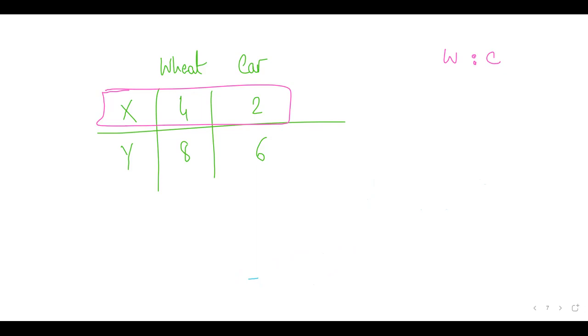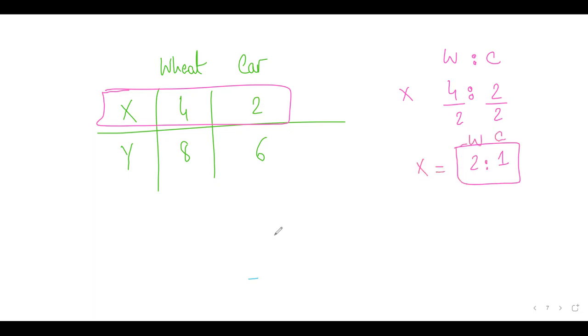Abdurrahim, stay with me, I'll explain that. So that is 4:2 for X. You divide both sides by 2, so this gives you 1:2. This means to produce 1 unit of car, X has to give up 2 units of wheat.